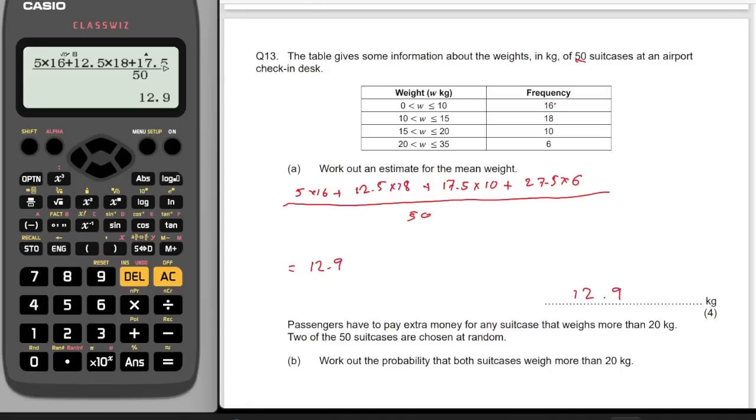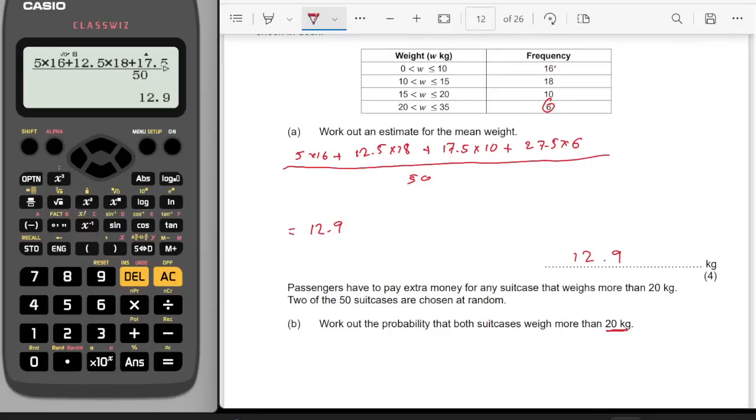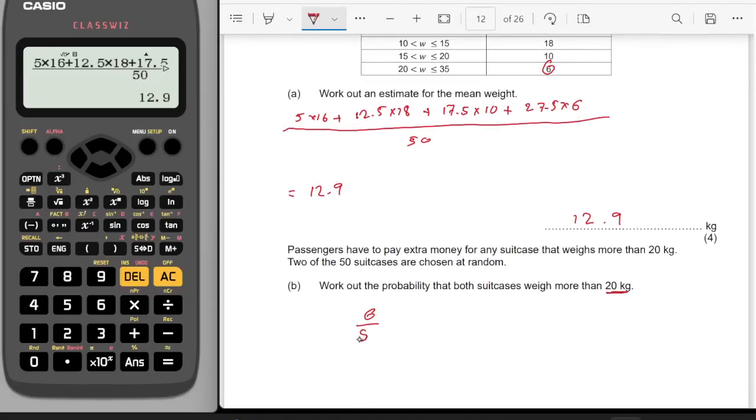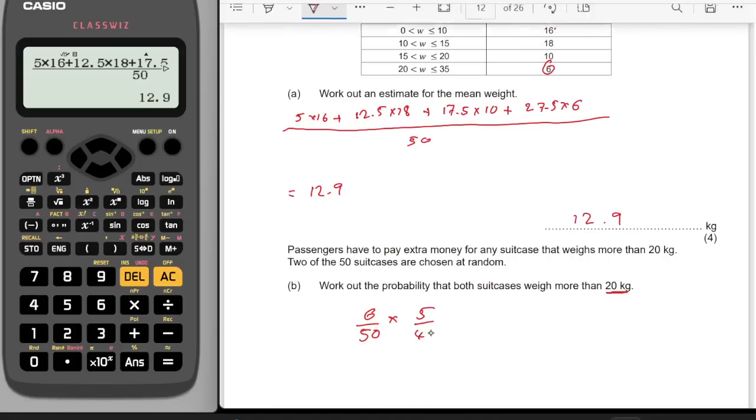Okay, passengers have to pay extra money for any suitcases that weigh more than 20 kilograms. Two of the 50 suitcases are chosen at random. Work out the probability that both suitcases weigh more than 20 kilograms. So suitcases that weigh more than 20 kilograms, we've only got 6. The probability of picking one the first time would be 6 out of 50. The probability of picking one the second time would be 5 out of 49.